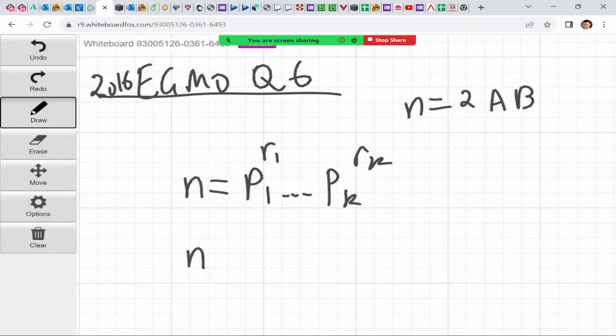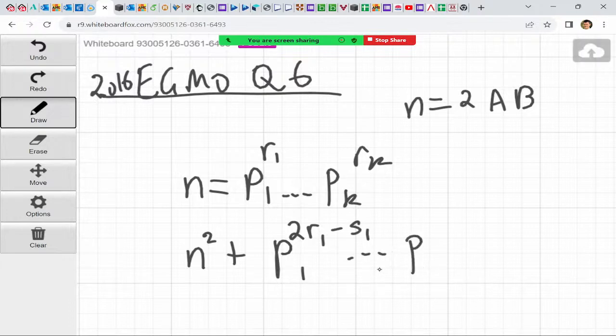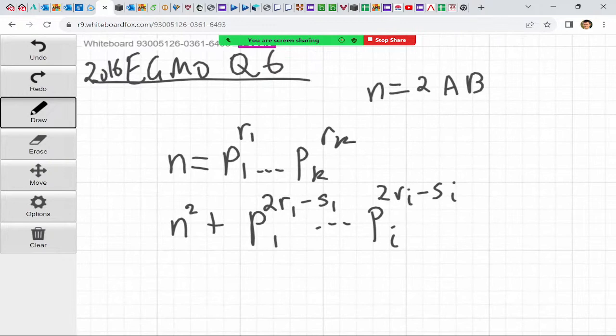It's N squared plus, and it's P to the, so we're subtracting, I don't know, 2R1 minus S1, all the way up to P_i to the 2R_i minus S_i.